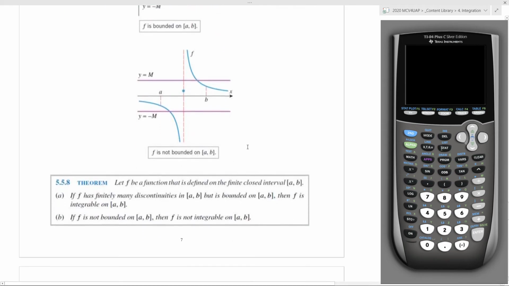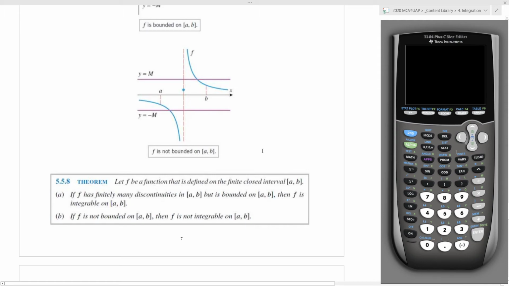Which brings us to this last theorem here. This is the important part. Let f be a function defined on some closed interval between a and b. If f has finitely many discontinuities but is bounded, then f can be integrated.